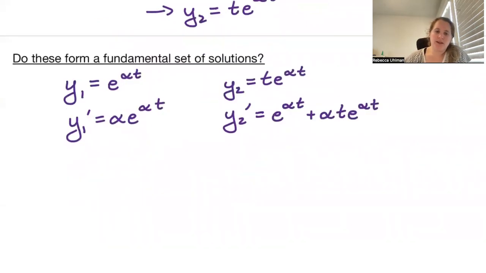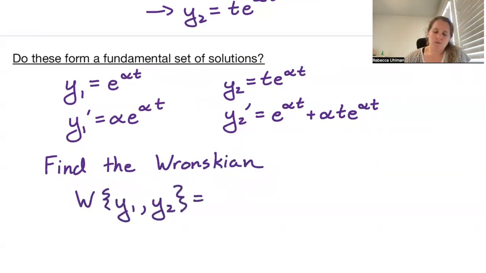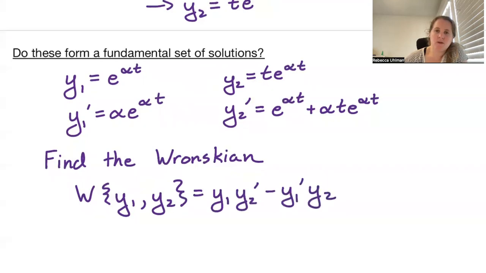So now we want to find the Wronskian. So the Wronskian of y1, y2, we do y1 times y2 prime minus y1 prime times y2.